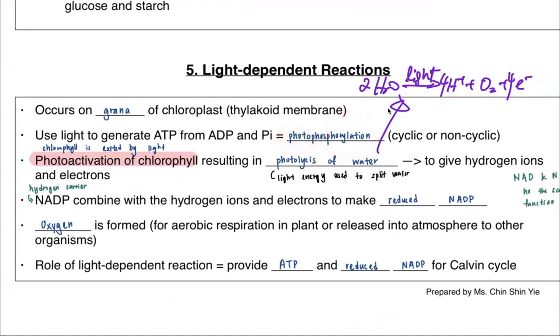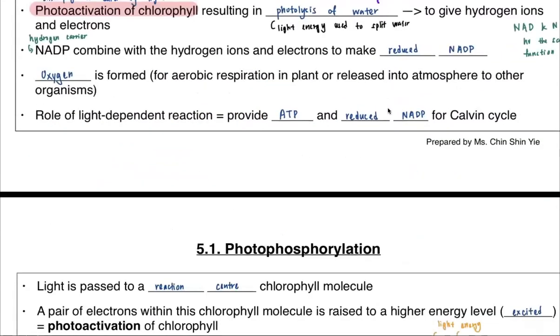When you attach a Pi to ADP, you need some energy, so you stuff energy into it. If you remember in the case of oxidative phosphorylation, we have this particular image, so maybe I'll draw this again.